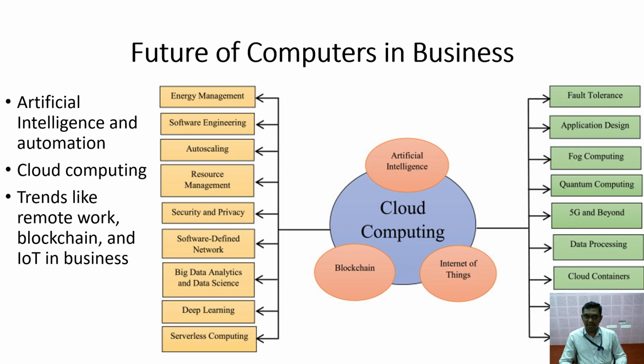Mainly these are classified into artificial intelligence, blockchain and internet of things, and we have many things like energy management, software engineering, auto scaling, resource management, security and privacy, software defined network, big data analysis and data science, deep learning, serverless computing, fault tolerance, application design, fog computing, quantum computing, 5G and beyond, data processing, cloud containers, QoS and SLA, and Bitcoin currency.